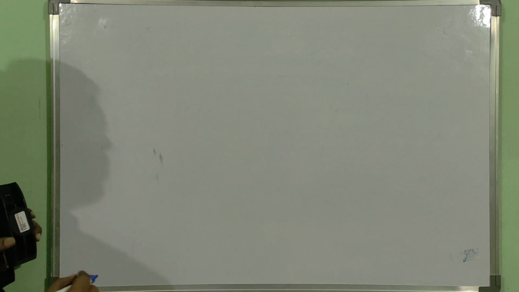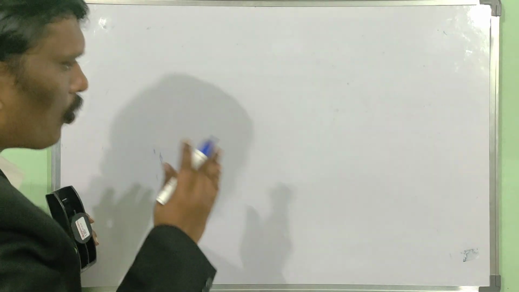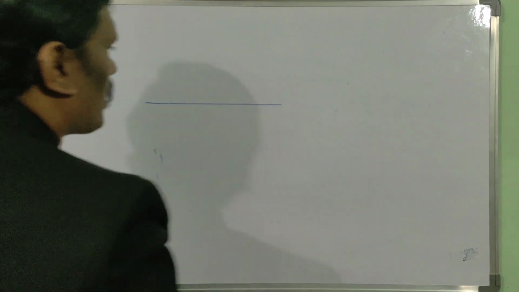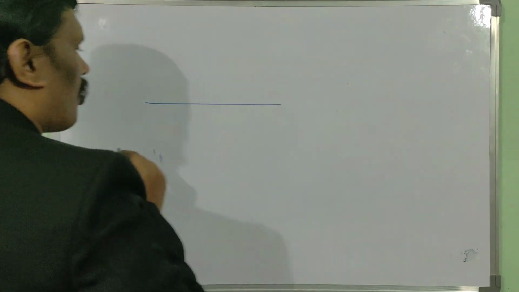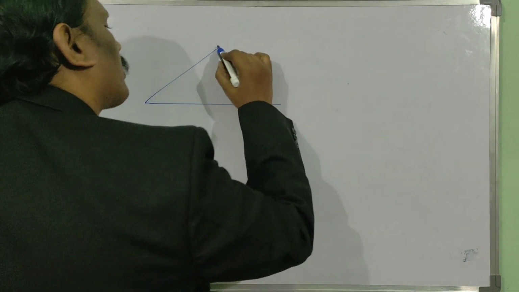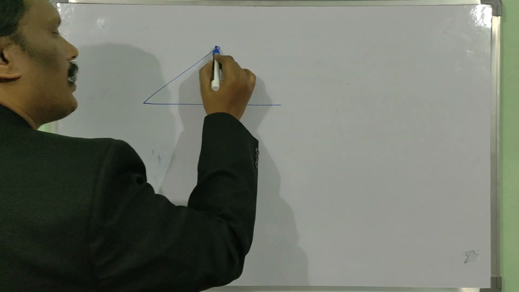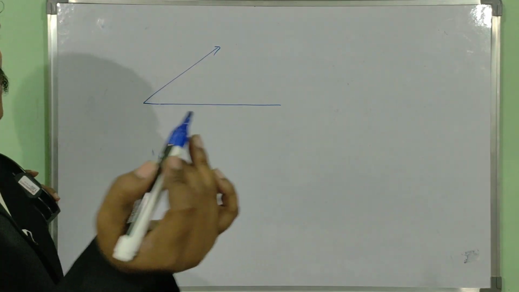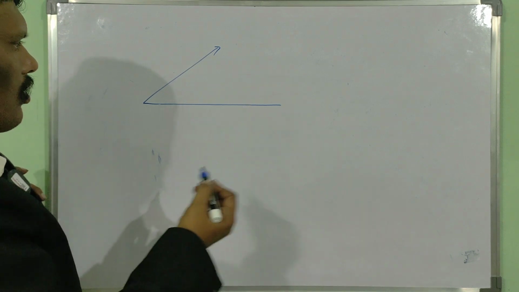So if I consider any vector rotated, then what will happen? Suppose this is the horizontal line or x-axis, and I imagine one vector like this. The length represents the magnitude of the vector. It may be force, velocity, acceleration, momentum, any vector.